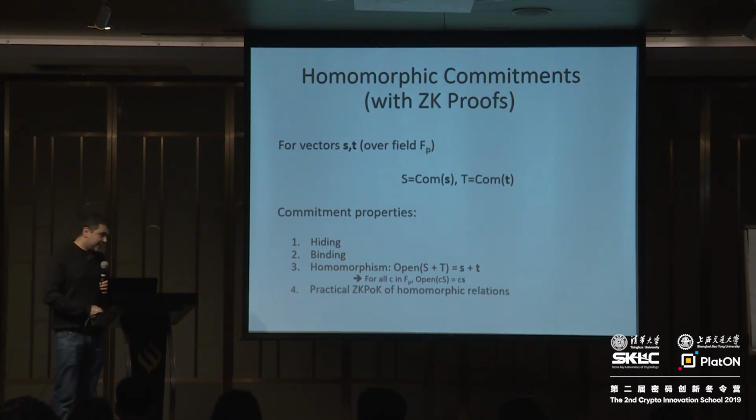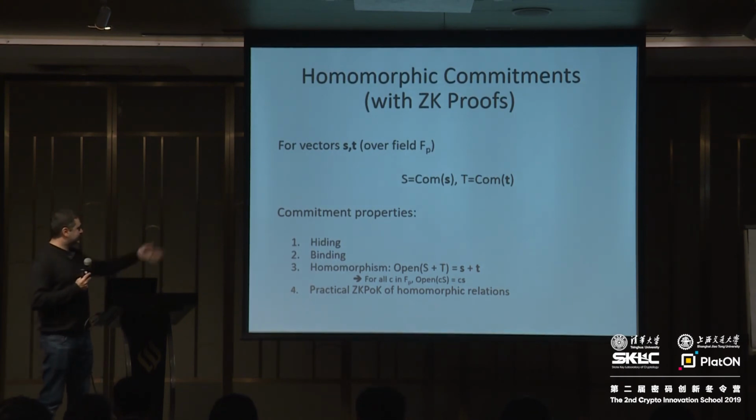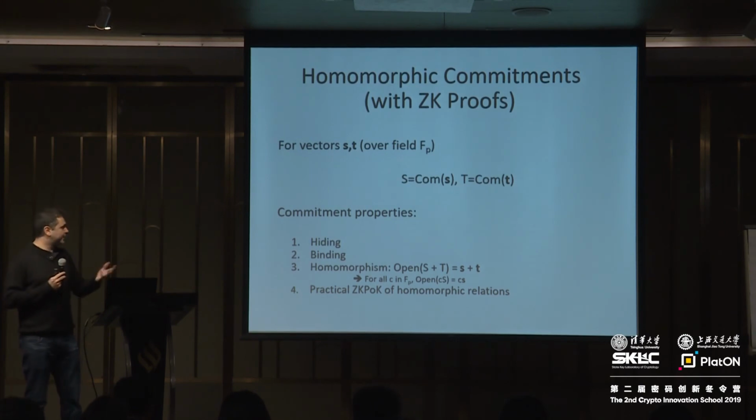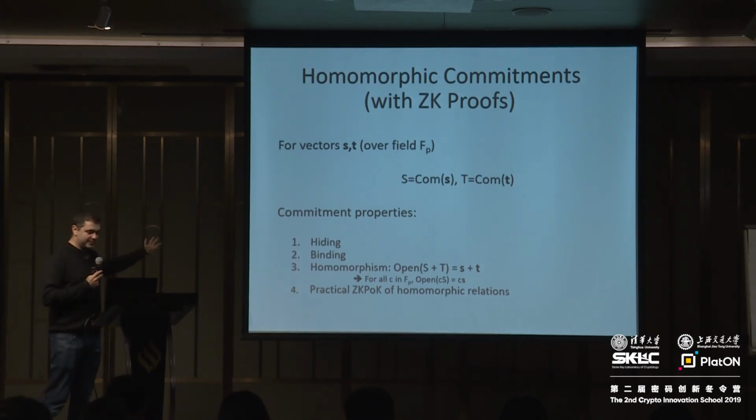And we need to have a fairly practical zero-knowledge proof of knowledge of homomorphic relations. So basically, I have to prove to you that I do know an s, so that the commitment is satisfied. This proof of knowledge is very similar to the techniques we did before, so I'm not going to talk about this. Let's pretend we have it.